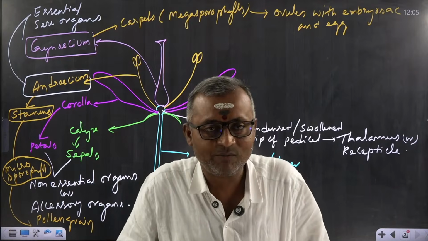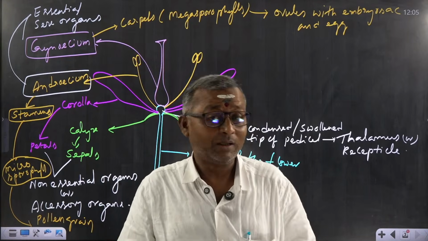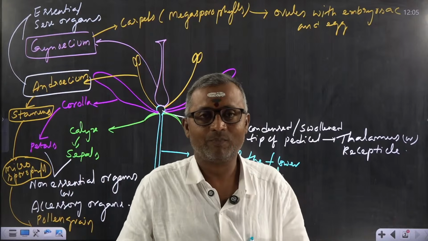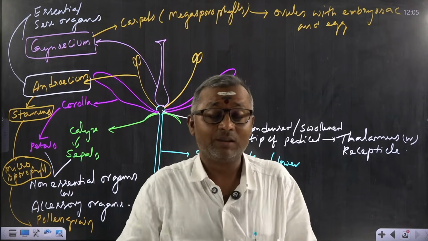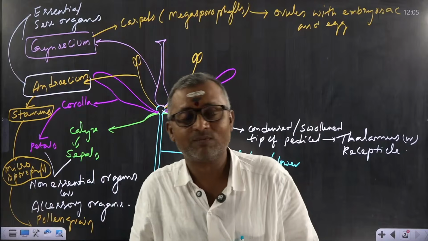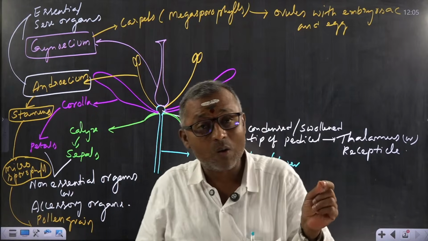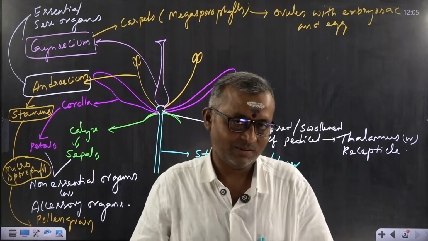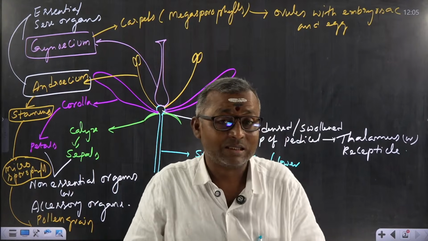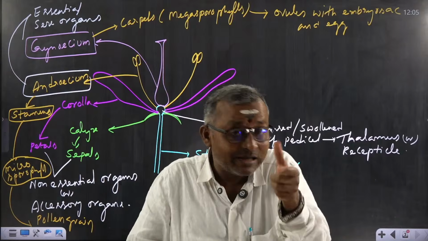Different colors you can find with corolla. But calyx is generally green. But there are also some cases where these accessory organs are indistinct.